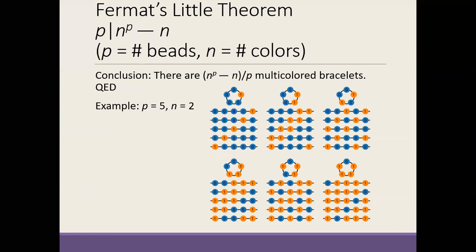I'm serious about that. Notice that first group of strings: they're really all the same bracelet when I put them together. That yellow bead is shifted around, but in a bracelet you can't distinguish them from one another. That's going to be a key ingredient in the proof of Fermat's little theorem.